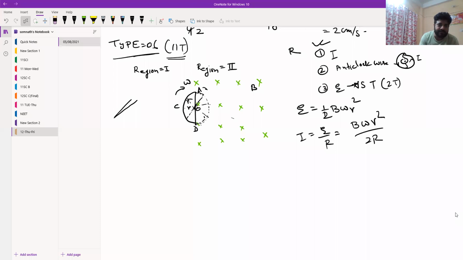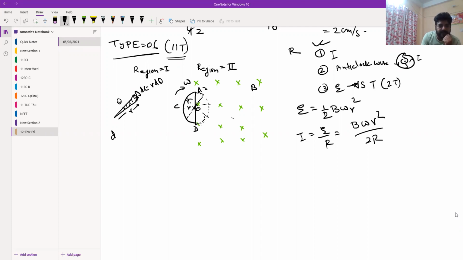small part, this radius is r, this is the arc length, ds, that is r d theta if theta is my angle. So how do we get this area? Take the triangle, it will be better, otherwise we are confused.